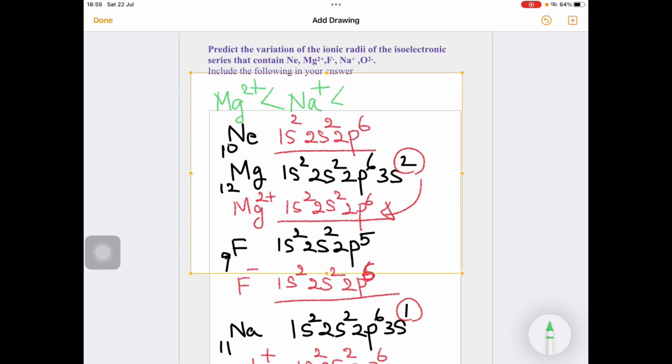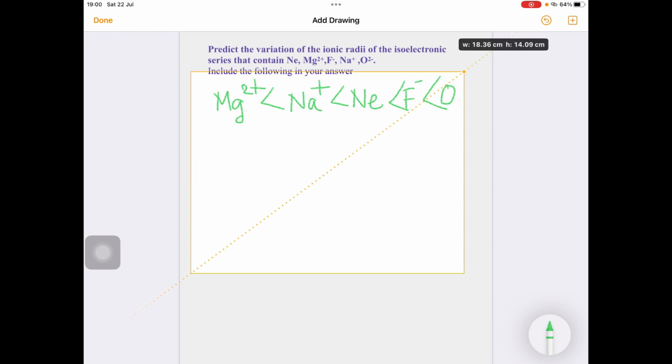Next, you can consider the neutral element, which is neon, then the fluoride ion, and lastly it should be O2-.